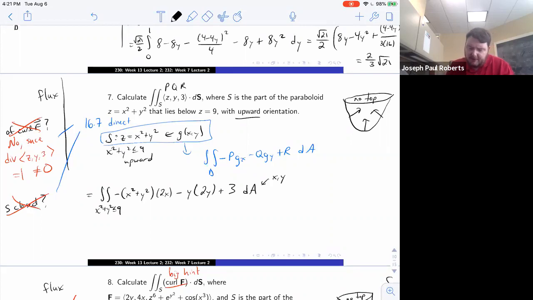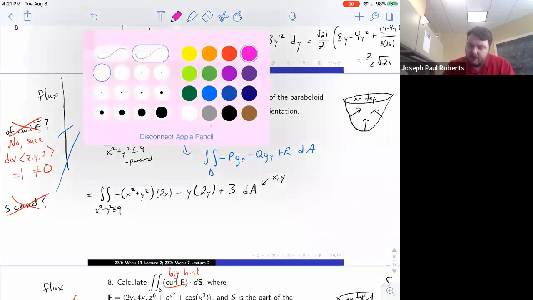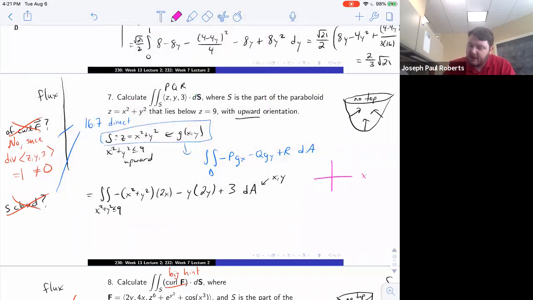You can set this all up entirely in polar, or you could be clever and realize that as far as this shadow goes in the xy plane, this is symmetric over the y-axis, which means that this first term is odd with respect to x. Change x to minus x, nothing happens to x squared plus y squared, but 2x has a change in sign, that's going to go away.